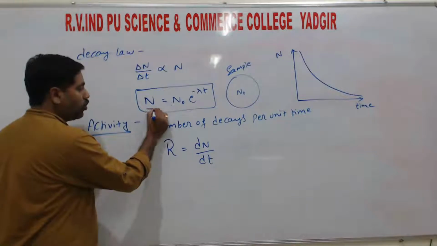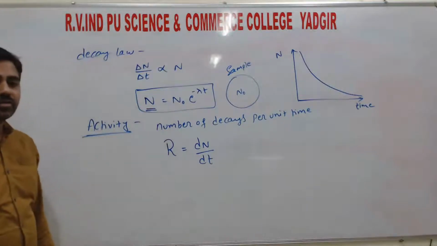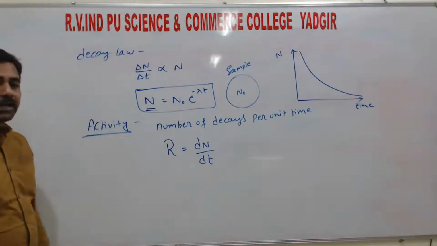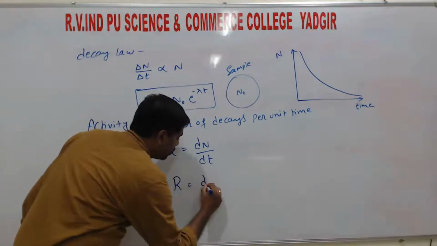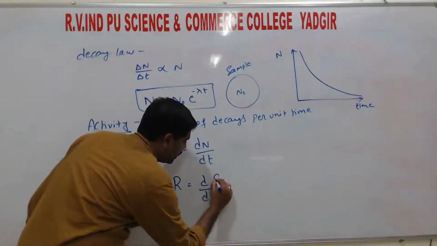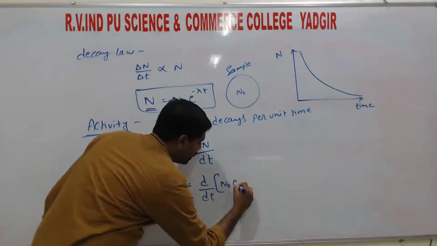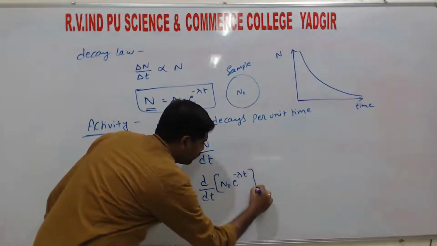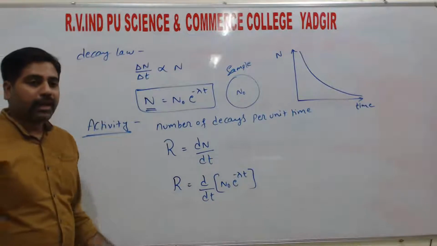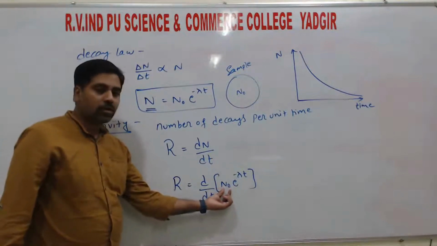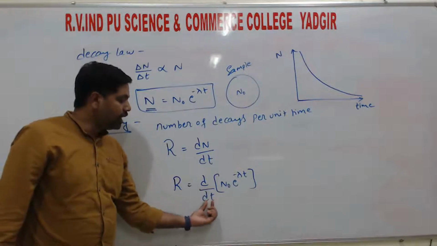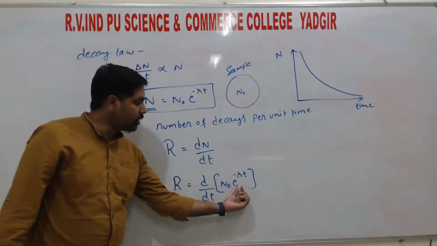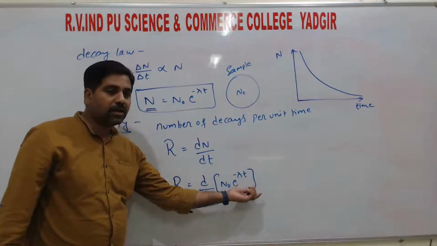As we know, N equals N naught e to the power of minus lambda t. Now if we substitute here, R equals d by dt of N naught e to the power of minus lambda t. Here, as already said, N naught is constant, so we need to differentiate with respect to time the term e to the power of minus lambda t.